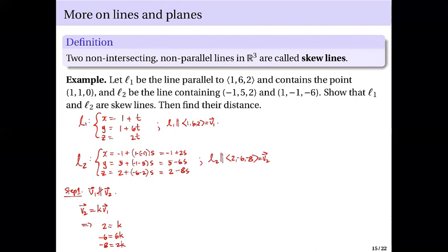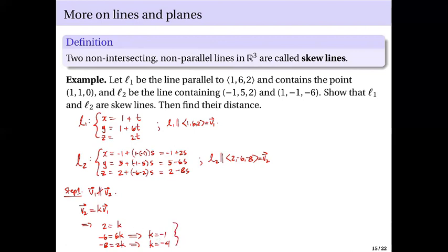But this guy here implies K equals negative 1. This guy here also implies K equals negative 4. So you got 3 different values of K. So this is not possible. Okay?